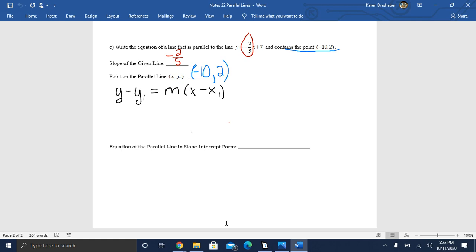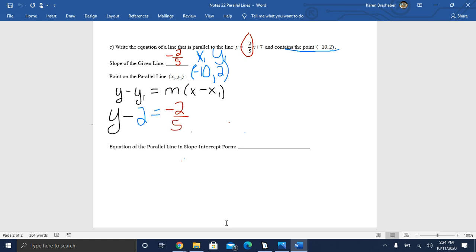And so we can substitute in. We have x1 and y1 in our point right here. And so we can substitute with y minus, and then your y1, which is a 2, equaling, and then your slope, which is negative 2/5.